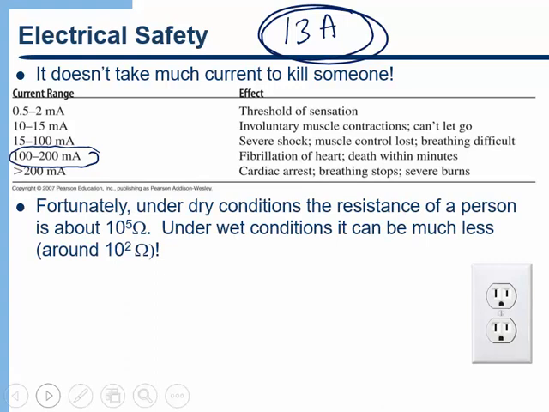Well, here's the good news. Under dry conditions, the resistance of a person is very high. So the resistance of a person is like 10 to the 5th ohms. So think about this.